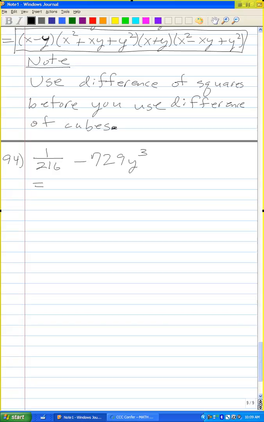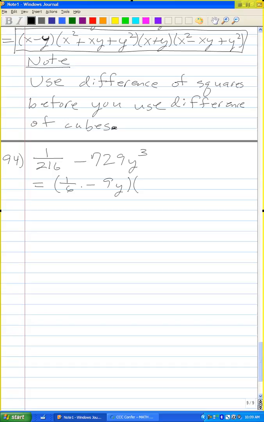And so that's going to be 6. Minus. So the cube root of 216 is 6. And so the cube root of 1 over 216 is 1 over 6. The cube root of 729 is 9. Cube root of y cubed is y.